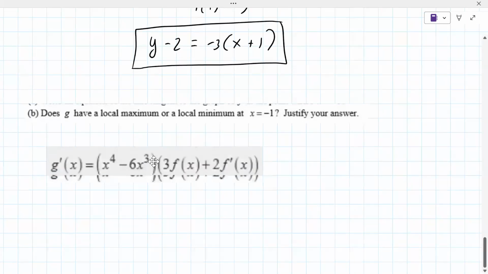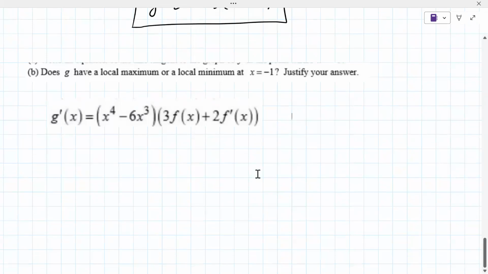This is a little uncomfortable for most students, but what is the overarching derivative rule for something like this? If you're going to take the derivative of something like this. Product rule. I guess like u and v.